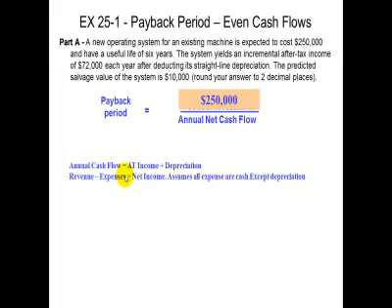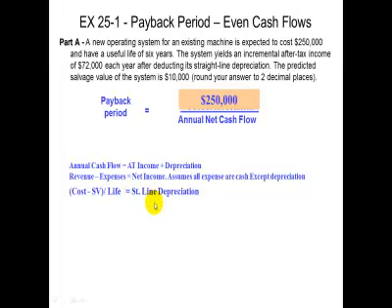So revenues minus expenses equals net income, and if you assume all expenses are cash except for depreciation, then we're getting closer to this annual net cash flow number. You take the cost minus the salvage value divided by the life, and that equals straight-line depreciation.